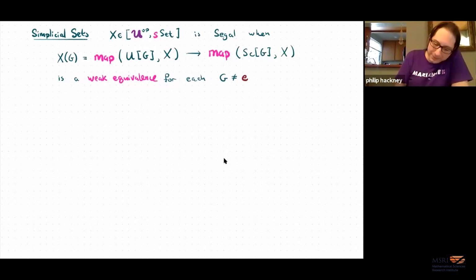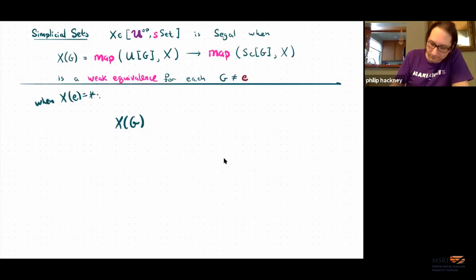Okay, so now our picture becomes something more like this. Let's say, for simplicity, when x of the edge is a point again, these maps now become just weak equivalences, but we still have this map as usual.